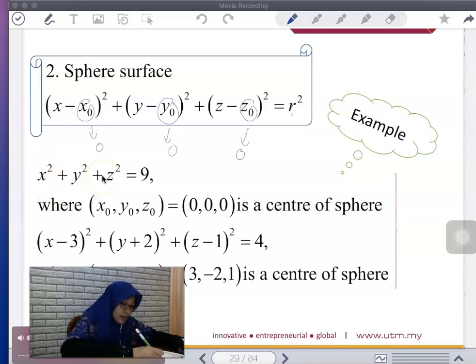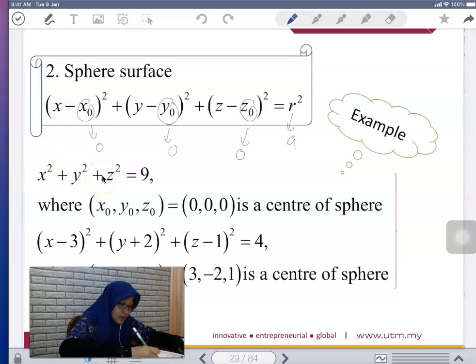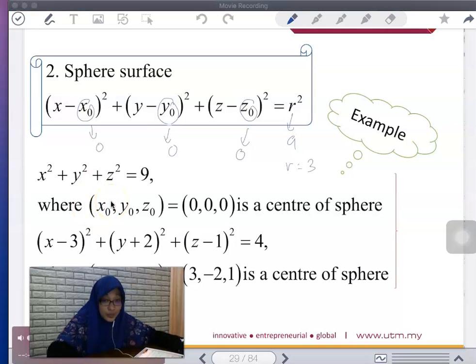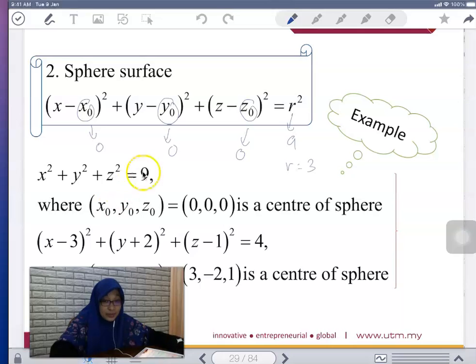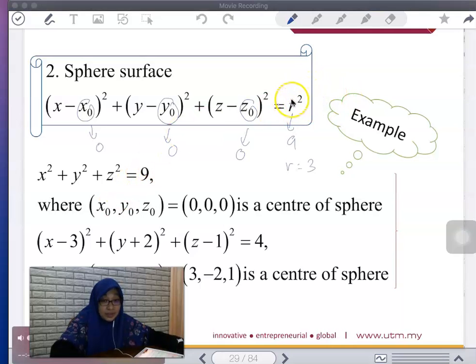And r squared is 9, so r is 3. R is the radius, so when the value here is 9, you have to find the square root, and the square root of 9 is 3. So in this example, the center is at 0, 0, 0.